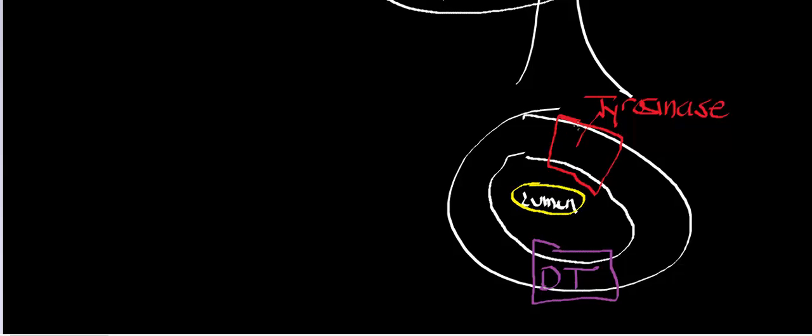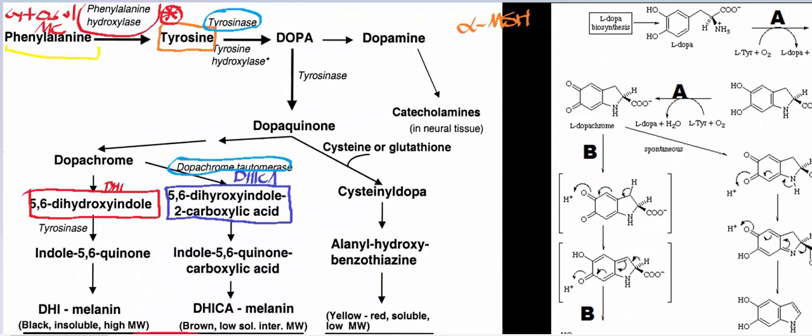So that means that of these two enzymes, the catalytically active component is the luminal side of the enzyme. That means the part inside the membrane and outside of it are really just for structure. Okay, but these two enzymes exist in the membrane of the melanosome, and the first one, tyrosinase, converts tyrosine into dopa. Okay, now dopa also reacts with tyrosinase, and it's going to form a molecule known as dopaquinone.